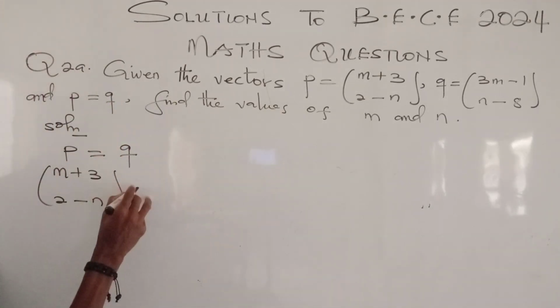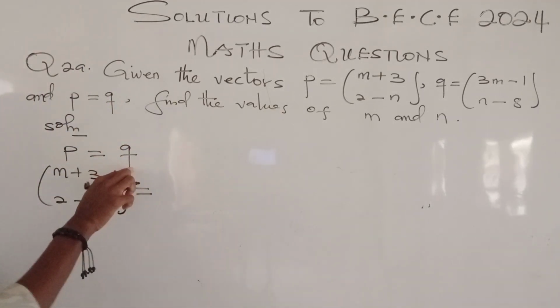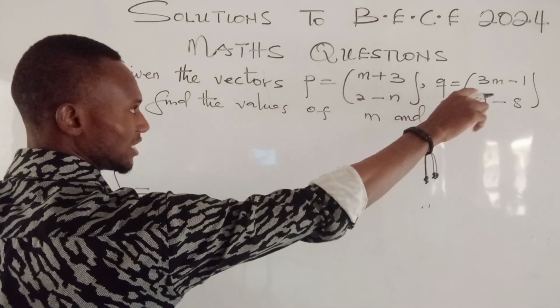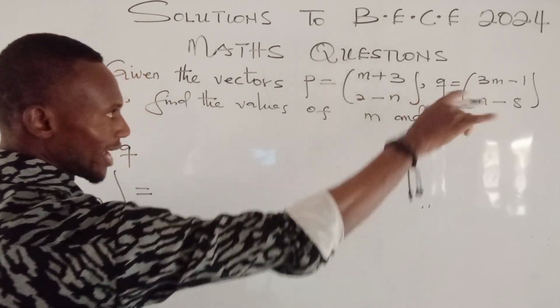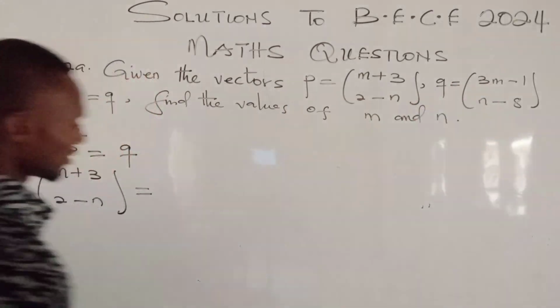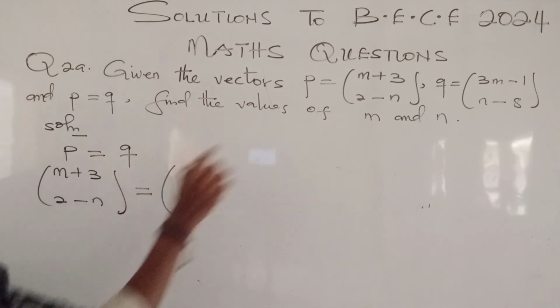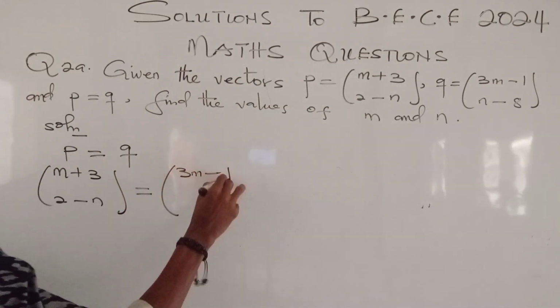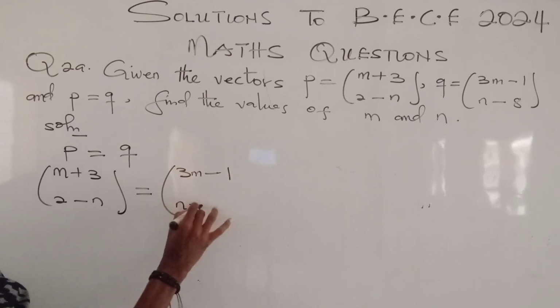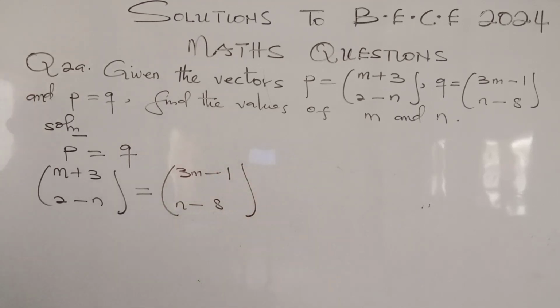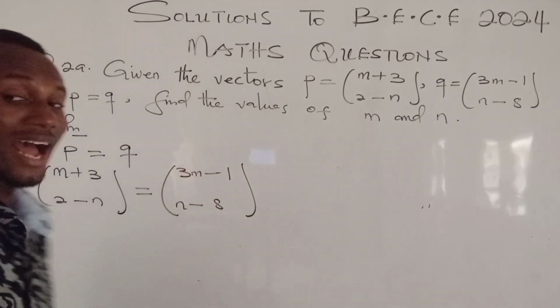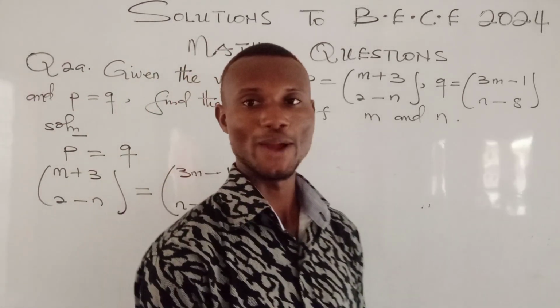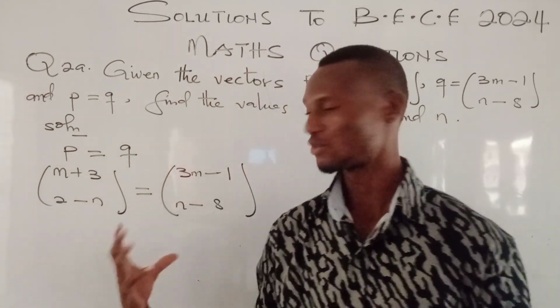Then bring your equal sign, and we have q. The vector q is given to be (3m minus 1, n minus 8), so I'll bring my value of the vector q, 3m minus 1, n minus 8, then you close your bracket. As simple as this. I hope you understand up to this point.